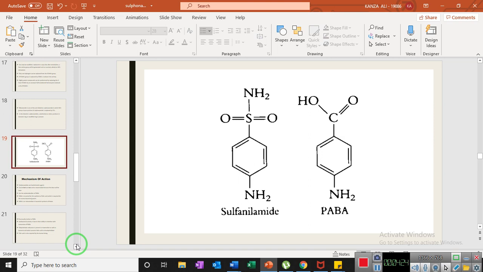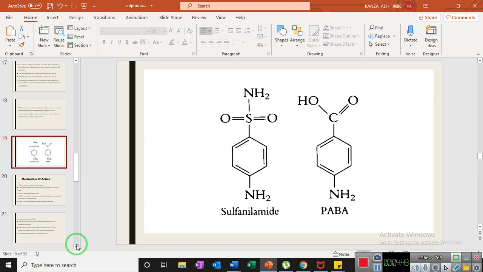The mechanism of action which we are going to discuss: if any molecule is fulfilling that criteria, then they will be termed as the true sulfonamide compound.